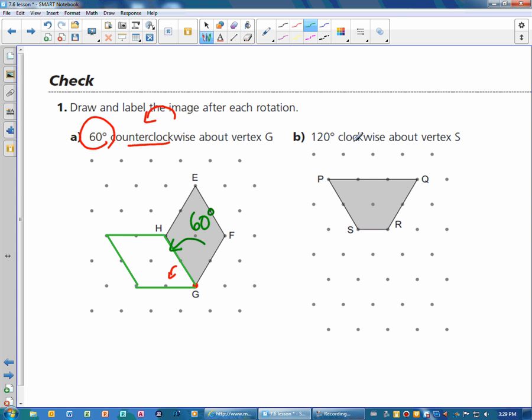All right, the last one, 120 degrees clockwise about vertex S. This is the spot that's going to be still. So this line won't end up there because that's 60. This line ends up here. That's 120, twice, 2 turns. So SR ends up here, okay?